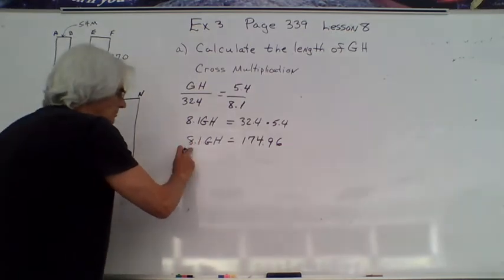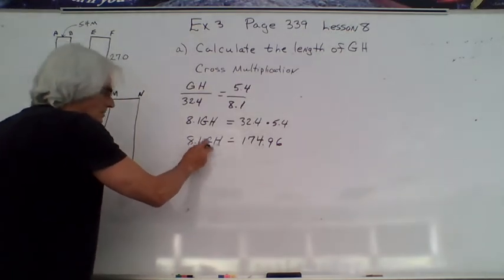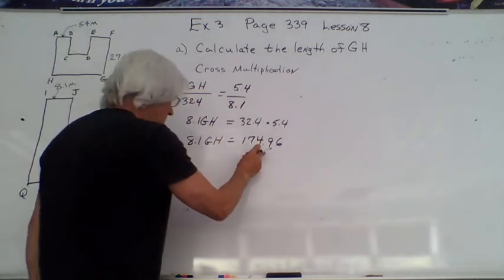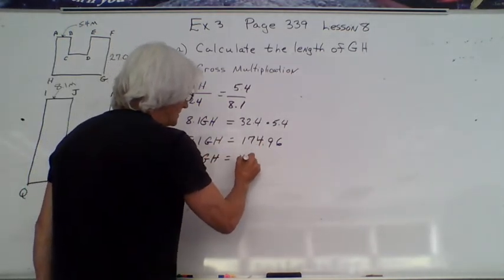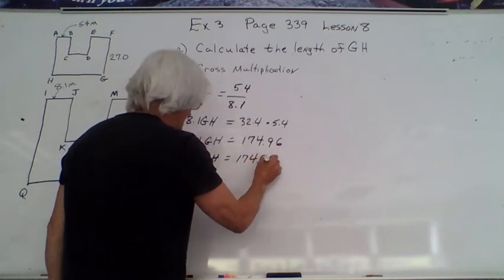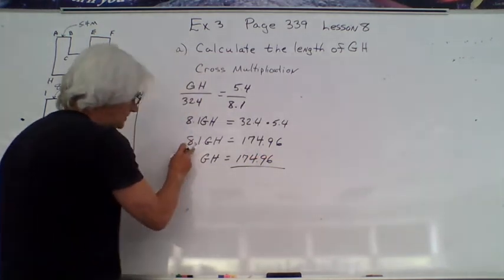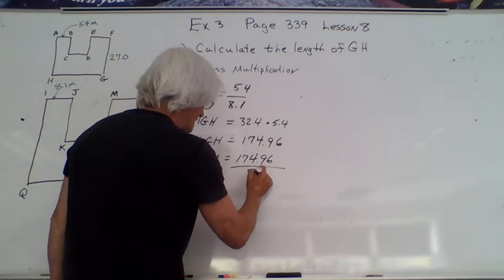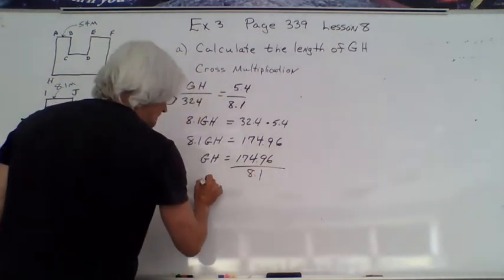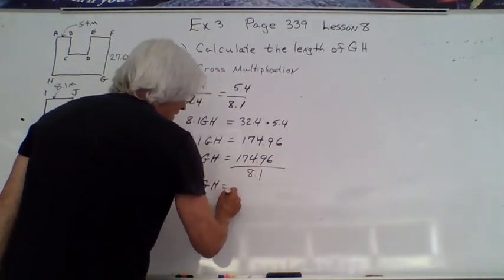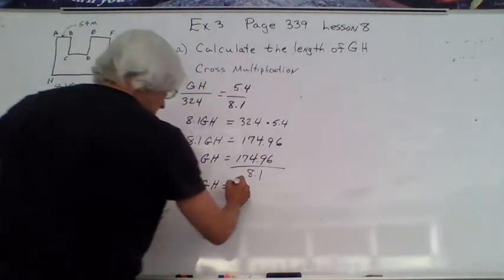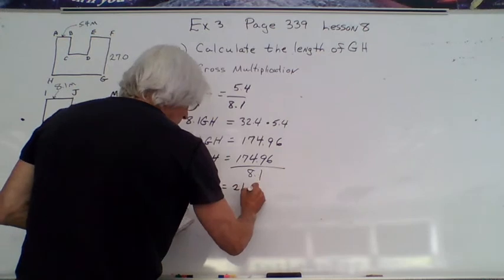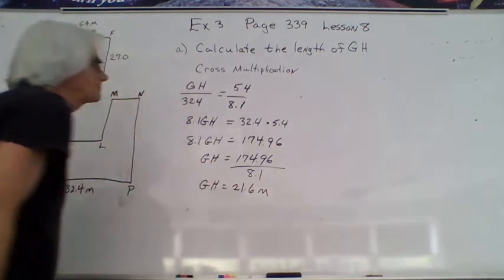Again, we want to isolate and get GH by itself. This 8.1 is a multiplication between the 8.1 and the GH, so it'll go over as a division. GH equals 174.96. This comes over as a division, 8.1. 174.96 divided by 8.1 gives you 21.6 meters.